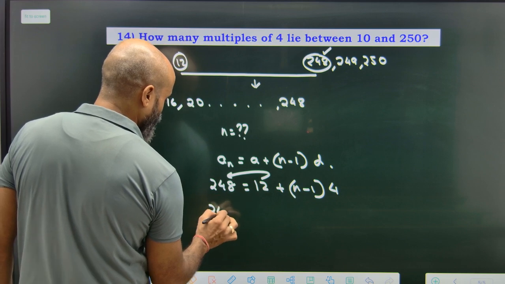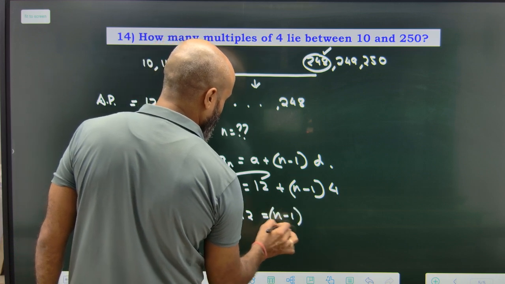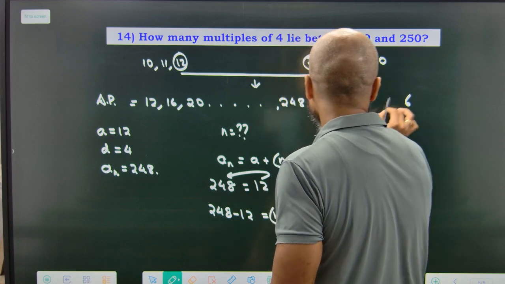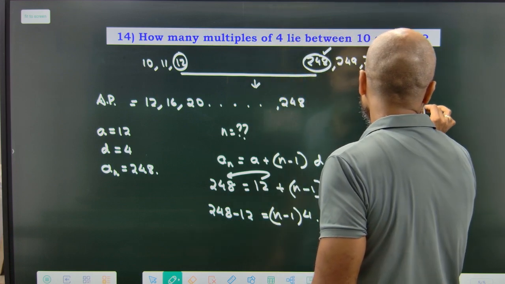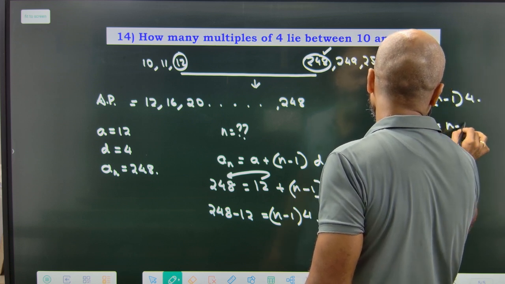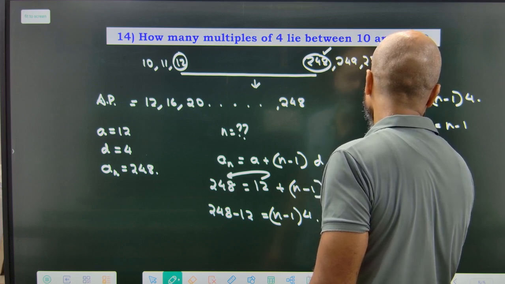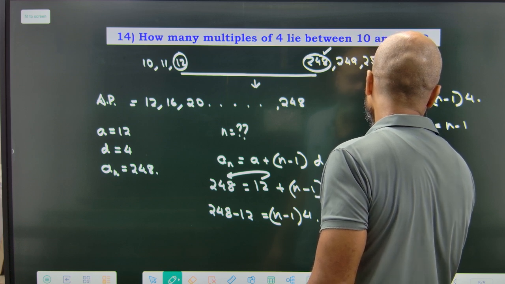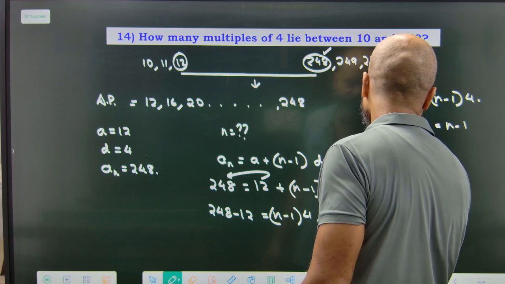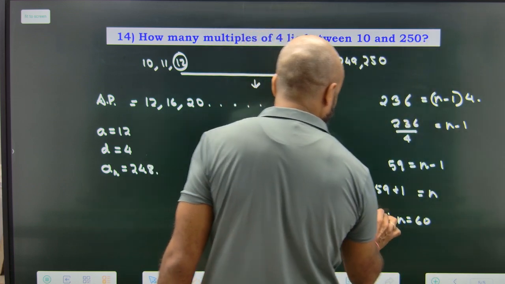So this will be 248 minus 12 is equal to n minus 1 into 4. 236 is equal to n minus 1 into 4. So n minus 1 is 236 by 4, 4 5s are 20, 4 9s are 36, that is 59. So n will be equal to 59 plus 1. So therefore n is equal to 60.